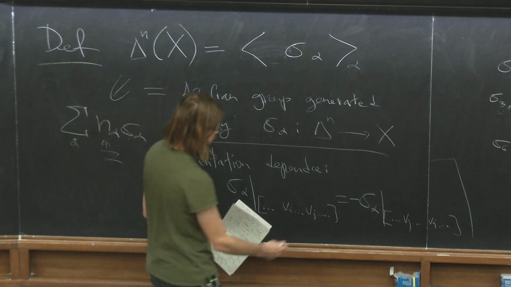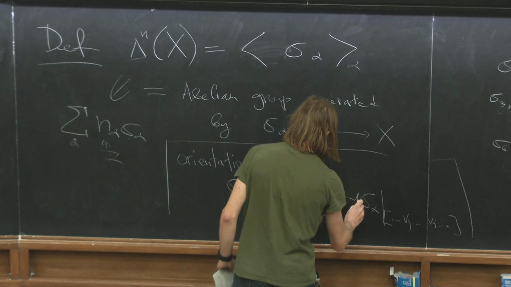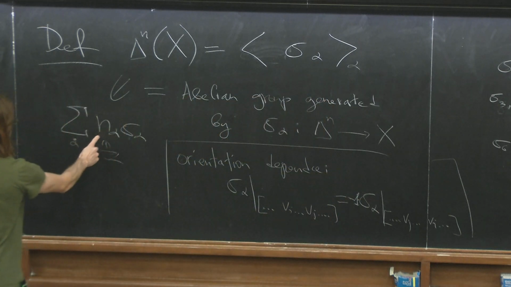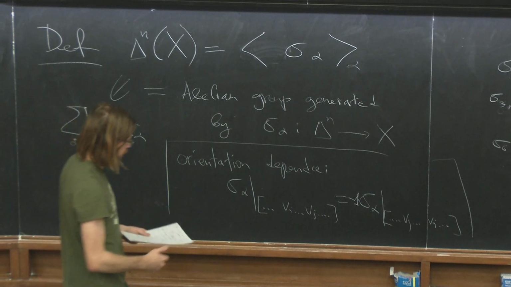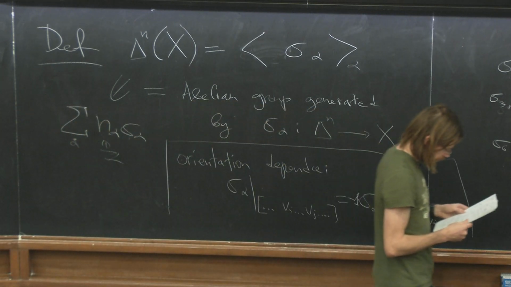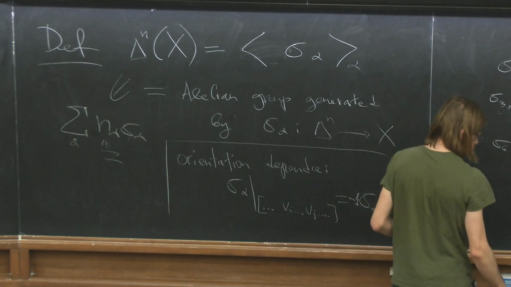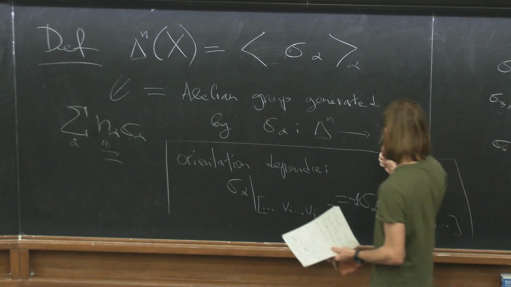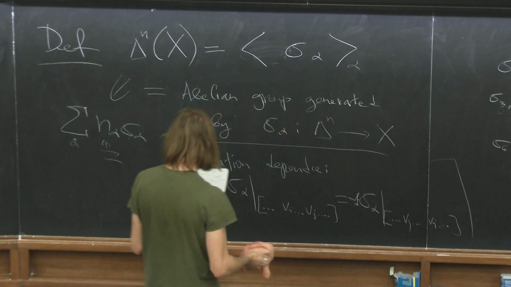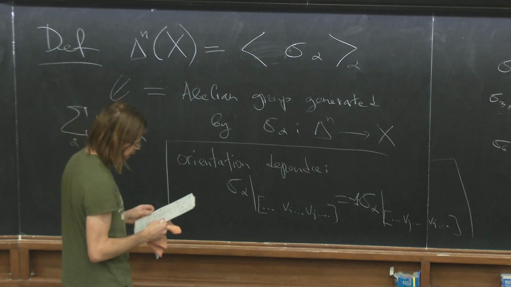This sign means minus 1 in the formal linear combination. This of course has nothing to do with some minus 1 operation on X; it is just the minus operation in this abelian group.